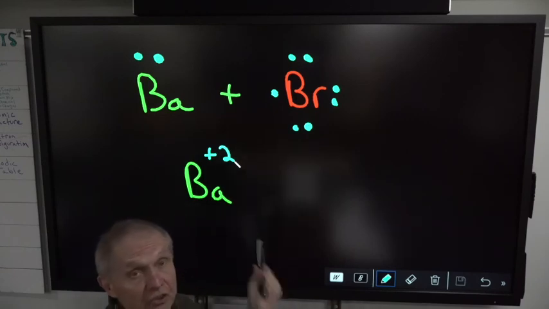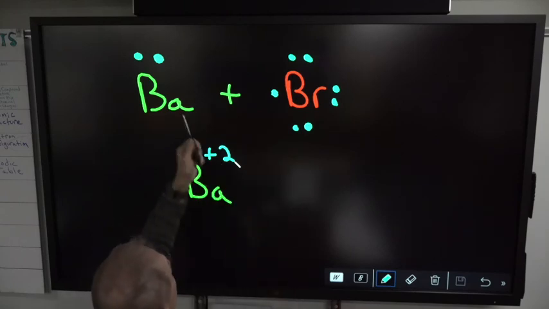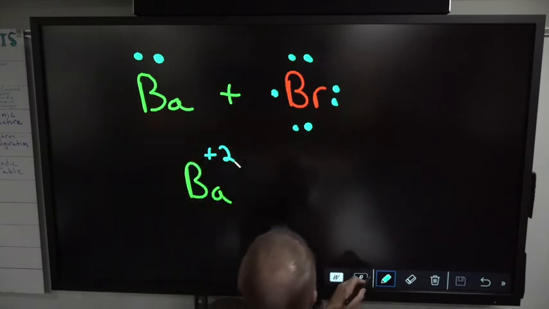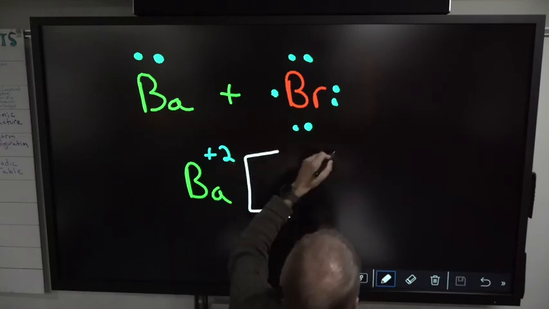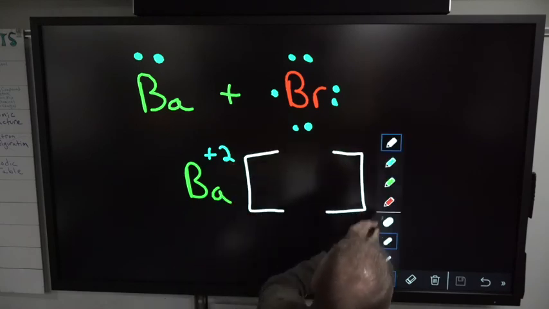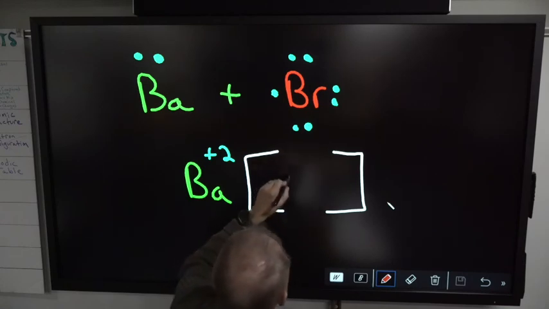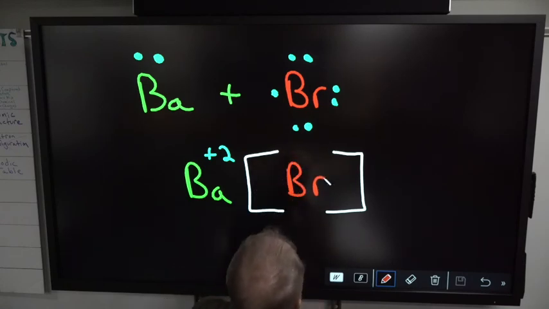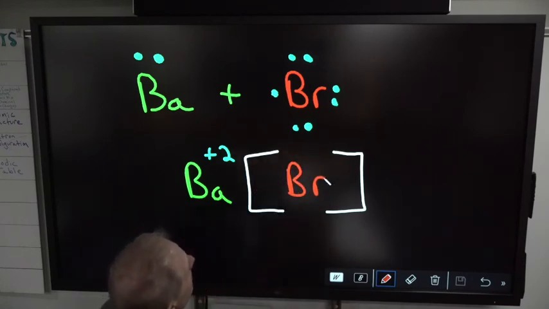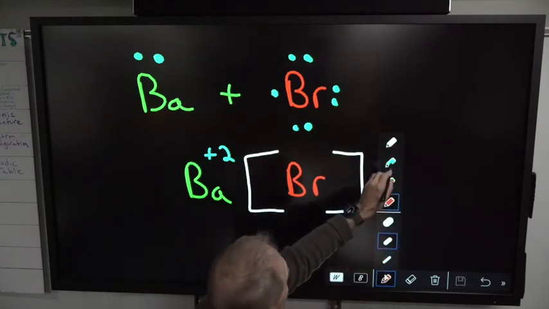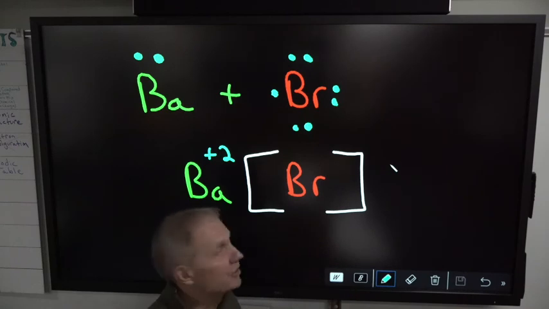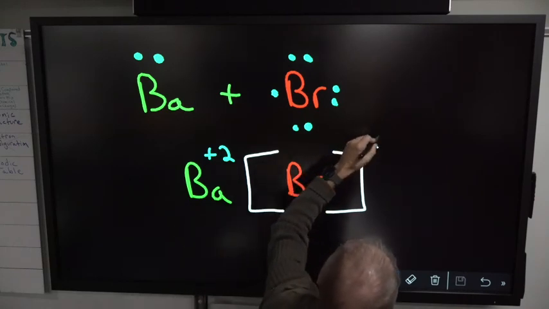And then, since there's going to be a total transfer, since it's a metal to nonmetal, we got to use brackets. Then we're going to put the bromine in there. Now, bromine only wants to gain 1, so this is going to be a negative 1.